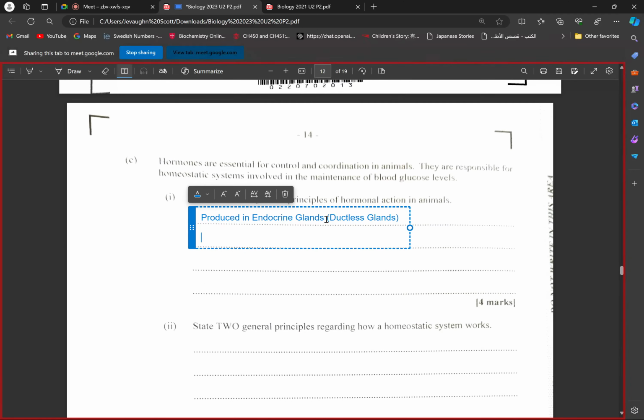Go ahead. Sir, is it that they always have a target organ? For the hormonal response. Yeah, so they'll always have a target organ. Do I want to put that right there?